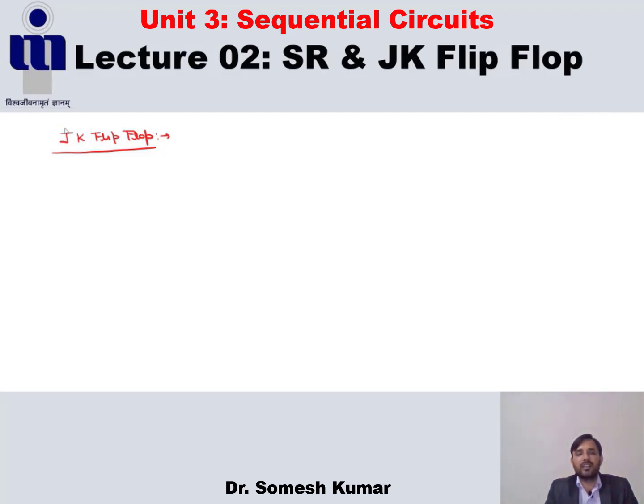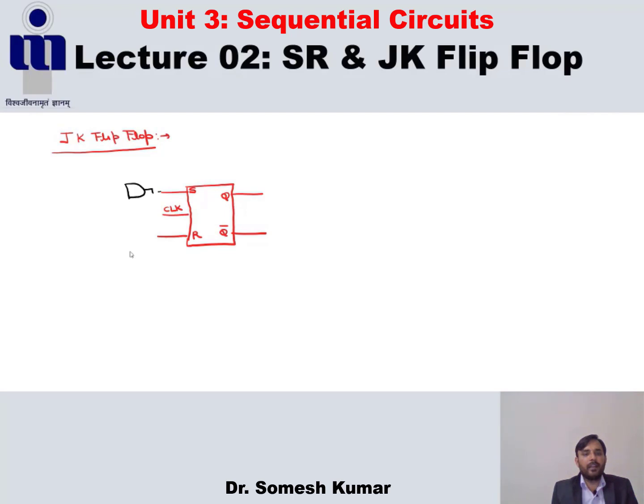First we will discuss the circuit diagram of the JK flip-flop, then its truth table and excitation table. We know the block diagram of the SR flip-flop: this is the clock, this is S, this is R, and these are the outputs Q and Q bar. Now what happens if we connect these outputs to AND gate inputs?